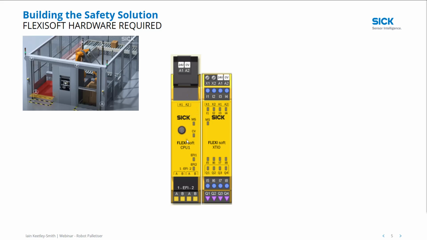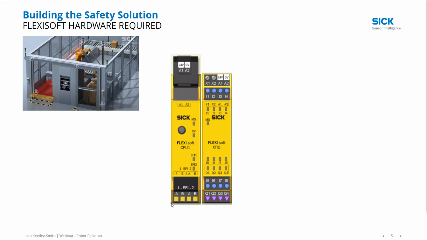Once you've tested your program, you're happy with it, and it responds correctly to errors, for example, you validate the code, and the CV light will go solid yellow, telling you it's validated. On this CPU we also have what's called EFI, which stands for Enhanced Function Interface, and that is a solution we're going to use on this project.